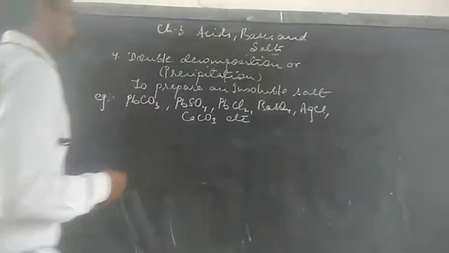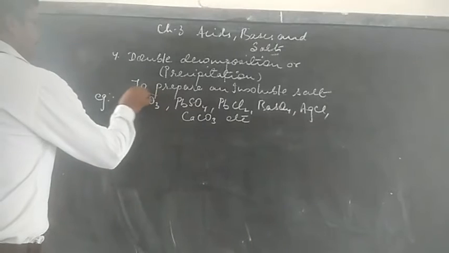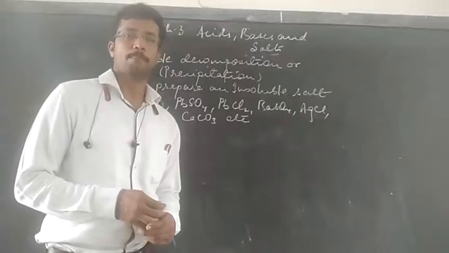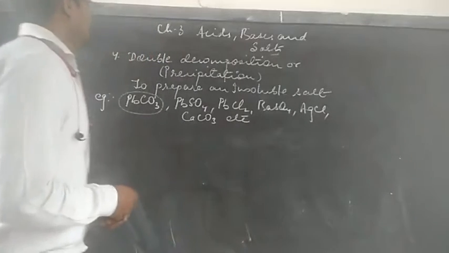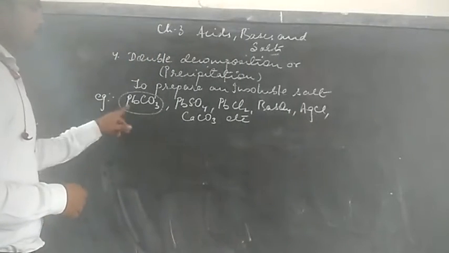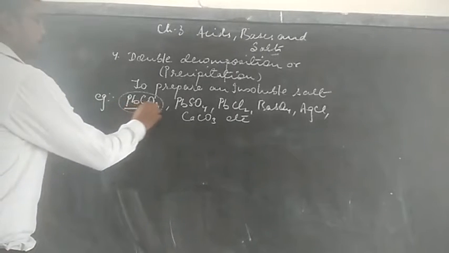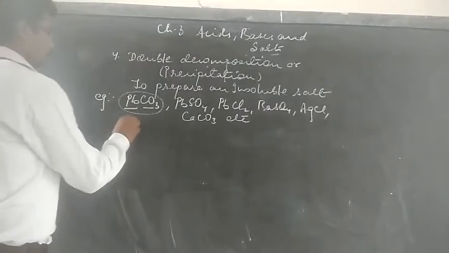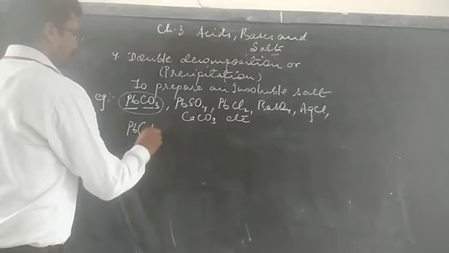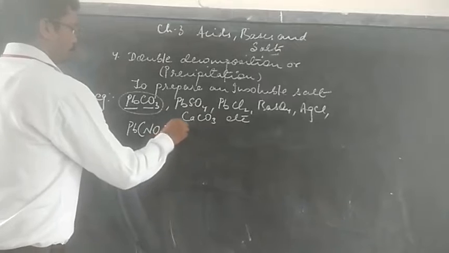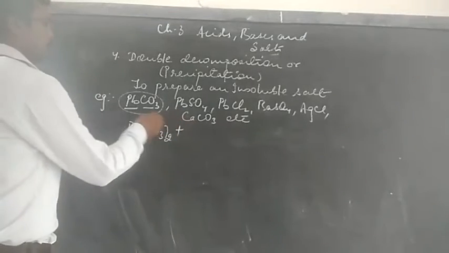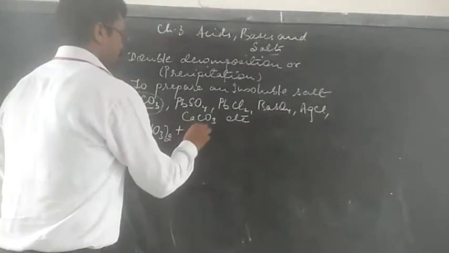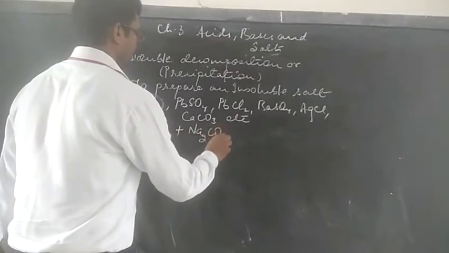Please see example number one, to prepare lead carbonate. We can take two soluble salts. From lead we can take a soluble salt like lead nitrate, and another soluble salt must contain the carbonate ion. So we will take a soluble salt like sodium carbonate.